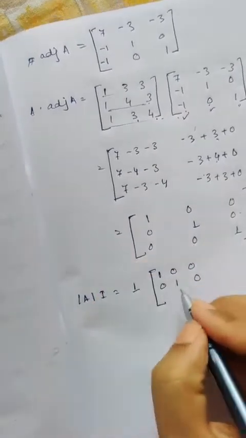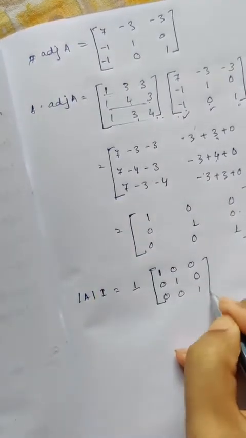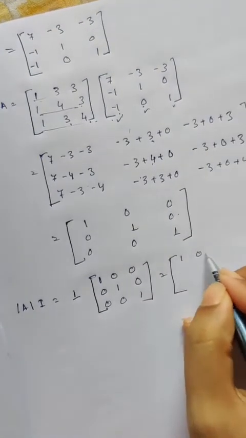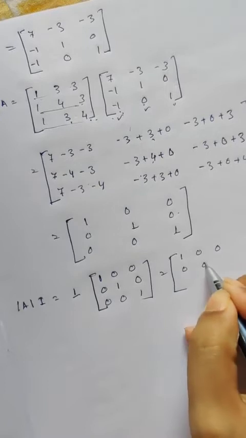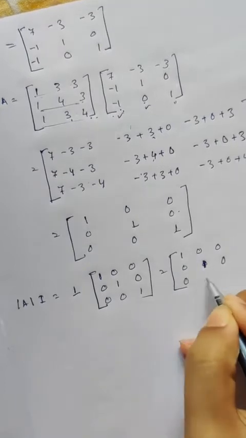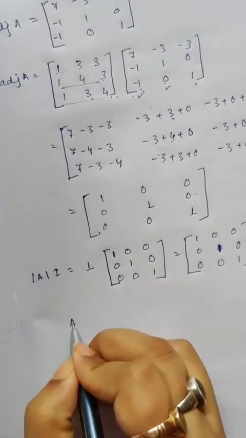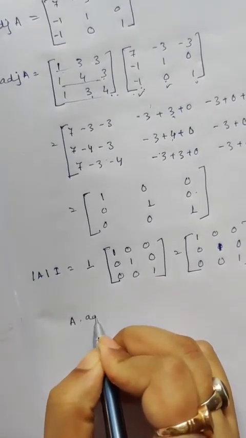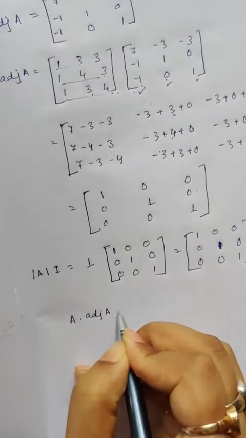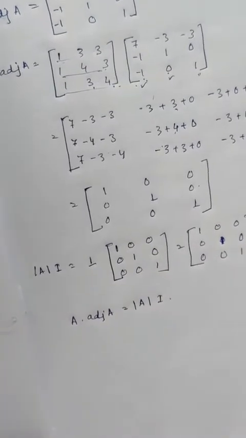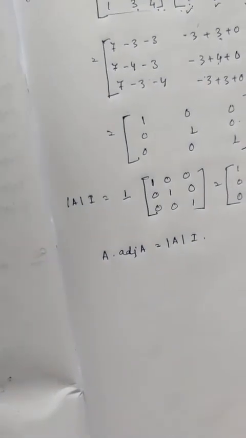So from here we will get the identity matrix 1 0 0, 0 1 0, 0 0 1. So we can write A into adjoint A is equal to I.